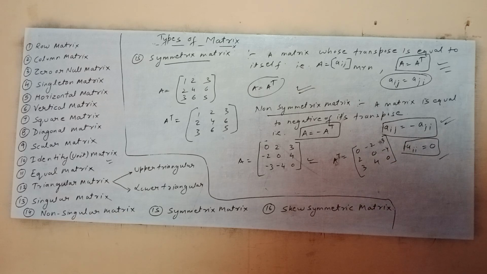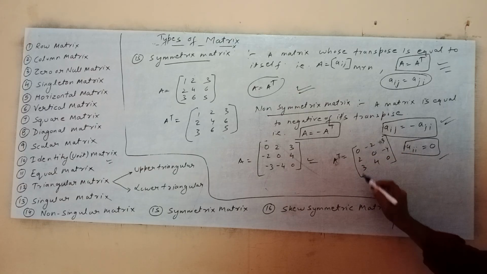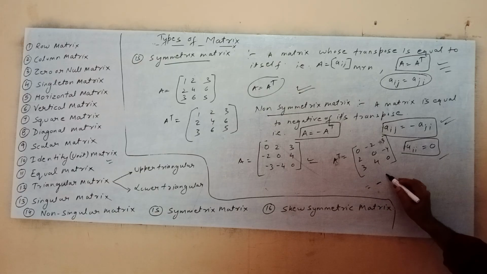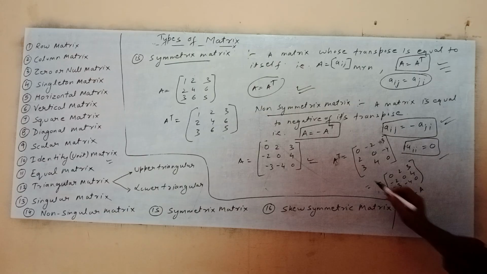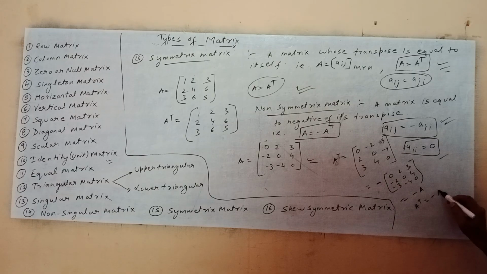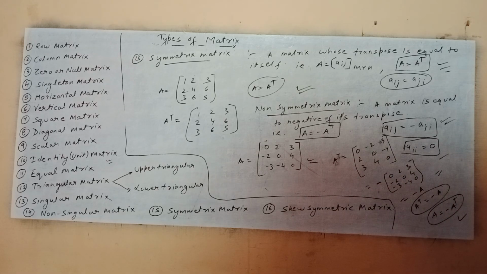If you take minus common from it, what will come here? 0, 2, 3, then minus 2, 0, 4, then minus 3, minus 4, 0. Now see, it is coming A. So A transpose is minus A, and A is equal to minus transpose of A. So you can see this matrix is satisfying the given condition of a non-symmetric matrix.